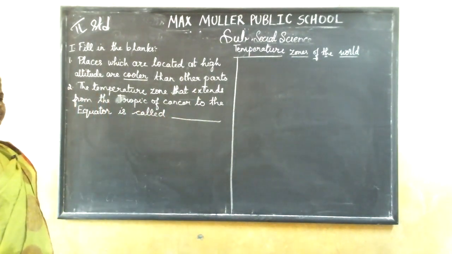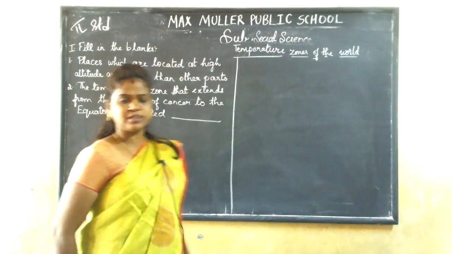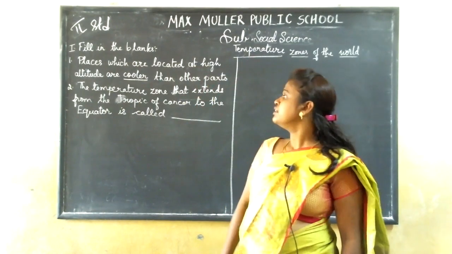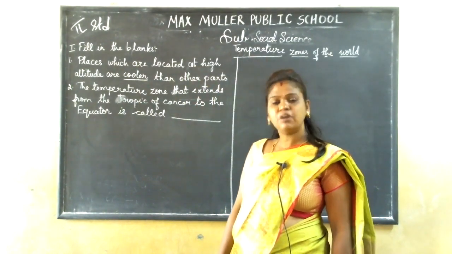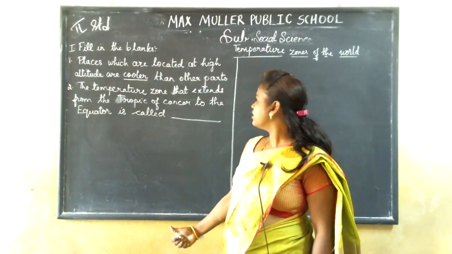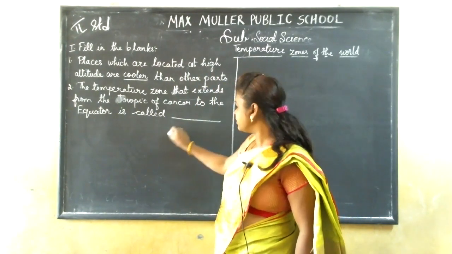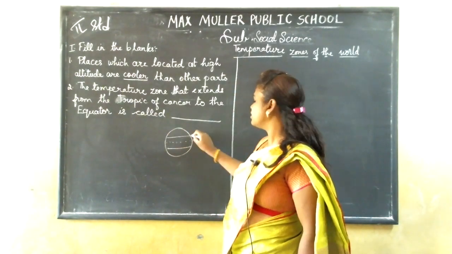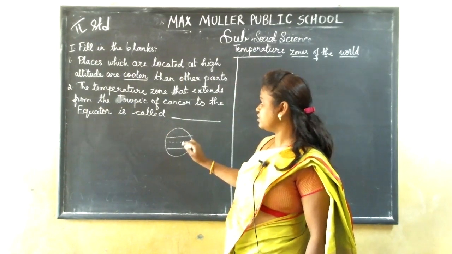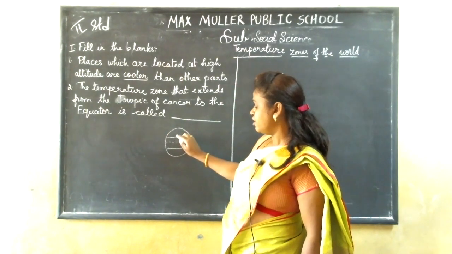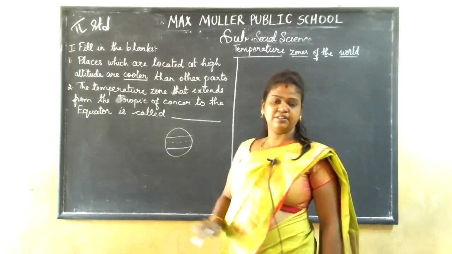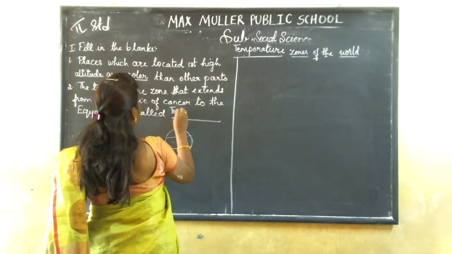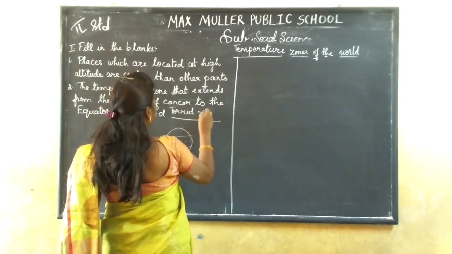So we learned in this lesson the three zones, that is the torrid zone, temperate zone and frigid zone. So here the question is: the temperature zone that extends from the Tropic of Cancer to the equator is called which zone? Now let us consider this as Earth and this is the equator and these are the two zones. The temperature zone that extends from Tropic of Cancer to the equator is called as which zone? Yes, it is called the torrid zone.